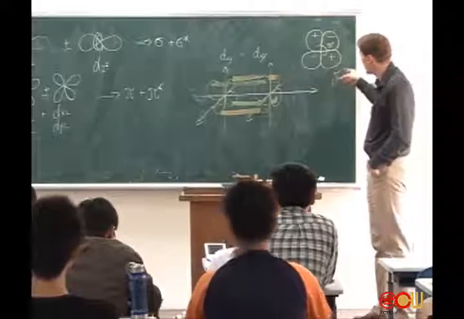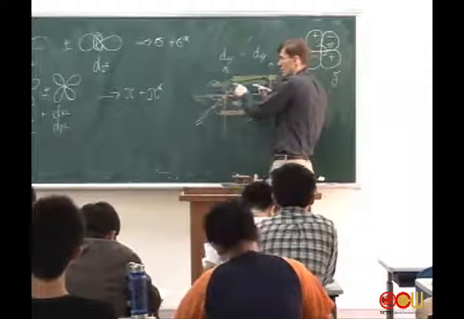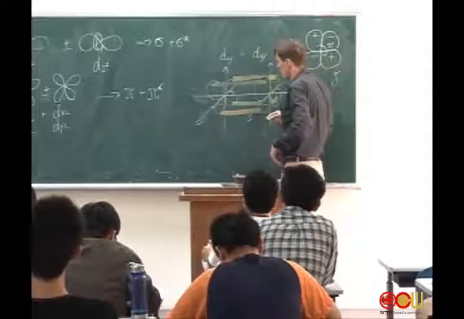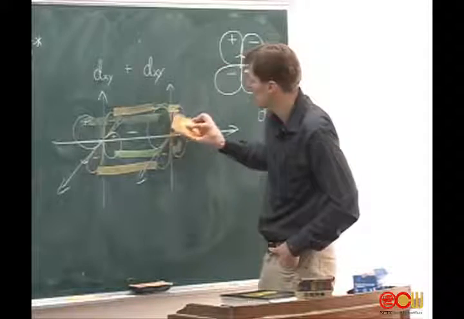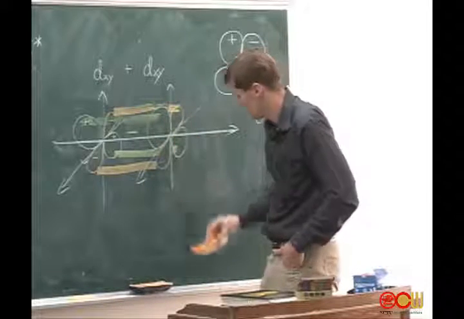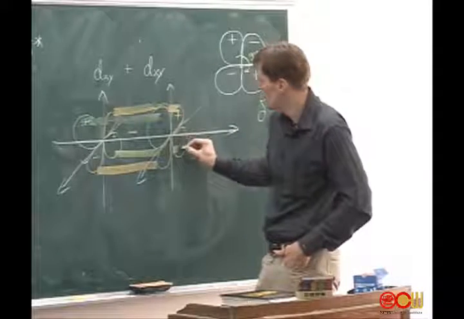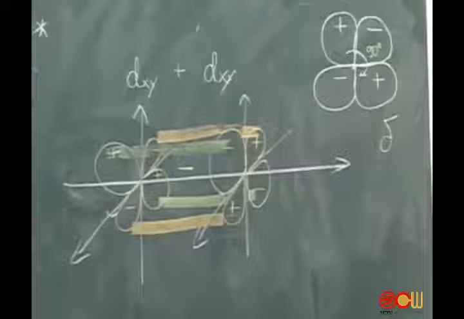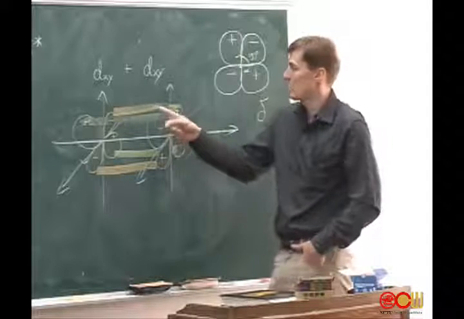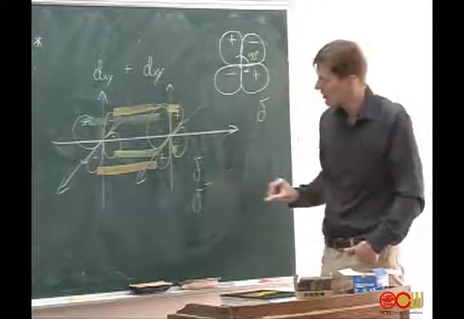And now the delta bonding or anti-bonding comes from the fact that if the plus interacts with plus, or I'm putting a minus sign between them, and after putting the minus sign the sign here is everywhere changed, and I'm getting here minus, plus, minus, plus. From this combination, I'm getting the anti-bonding orbital. So this is delta bonding and delta anti-bonding.